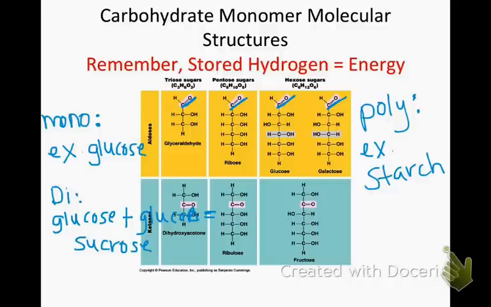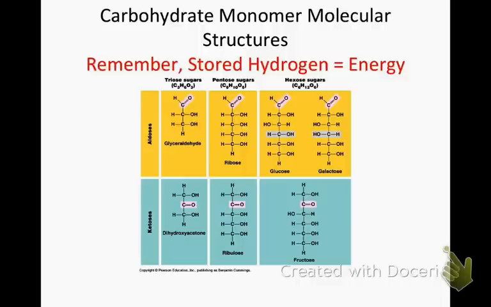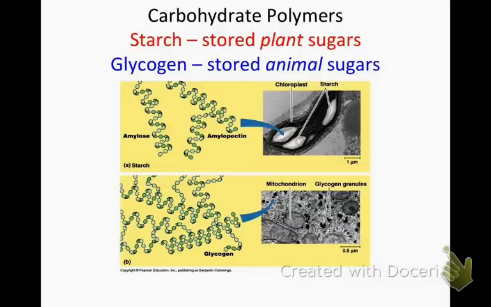What could that possibly be? So then, of course, polymers again, those are complex sugars. Highlight that starch is in plants. If you want to make yourself some examples, that's going to be potatoes.